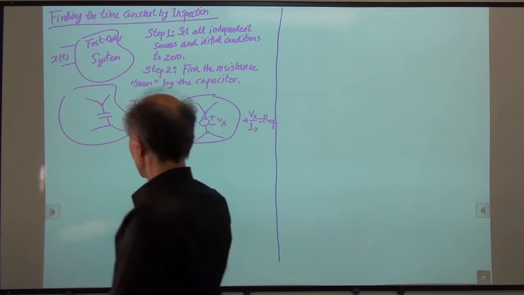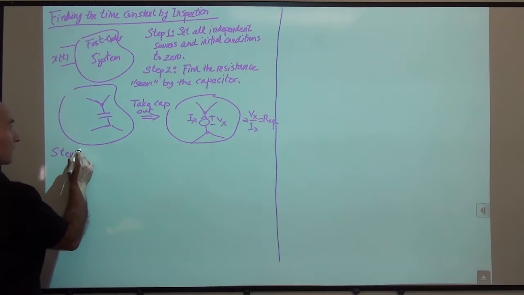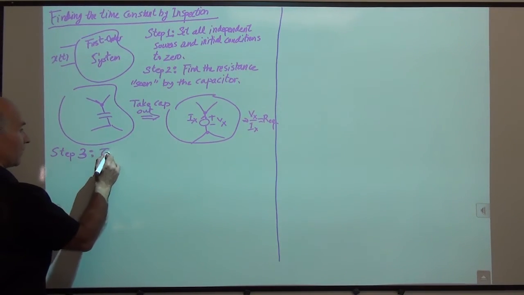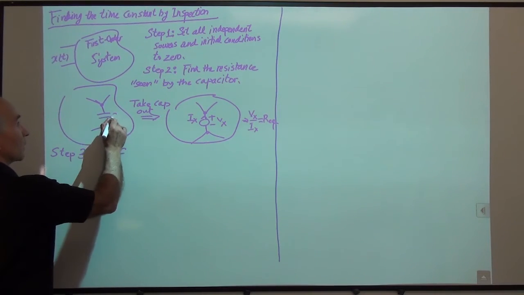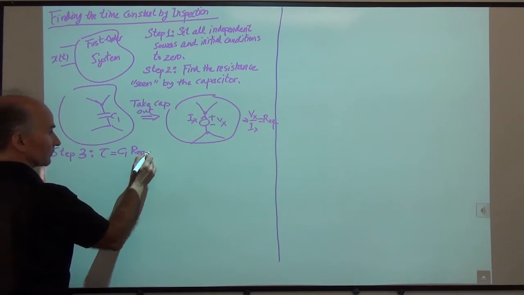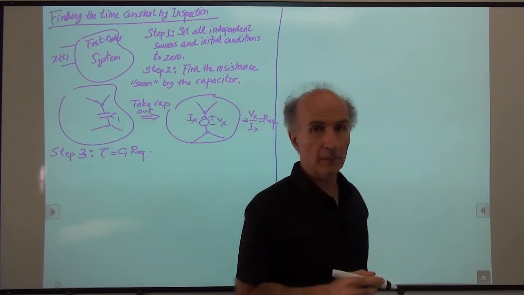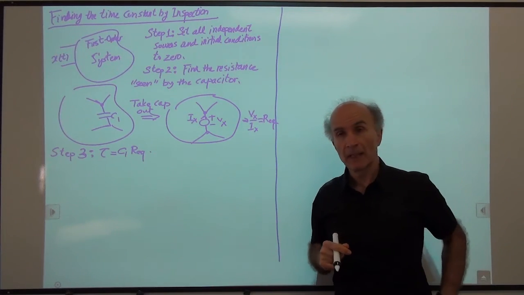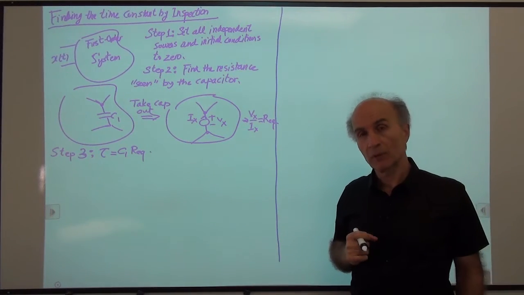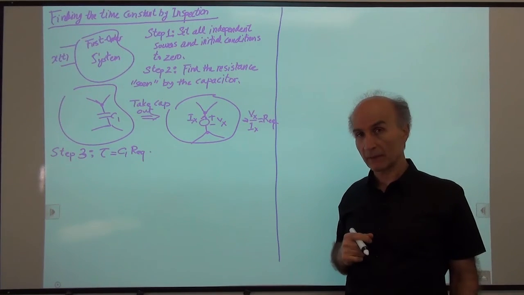And finally, in step number 3, we multiply these two. Tau is equal to C1 Req. Seems a little complicated, but actually it's pretty easy. And that's why it's a valuable tool to use whenever we want to find the time constant of our circuits.